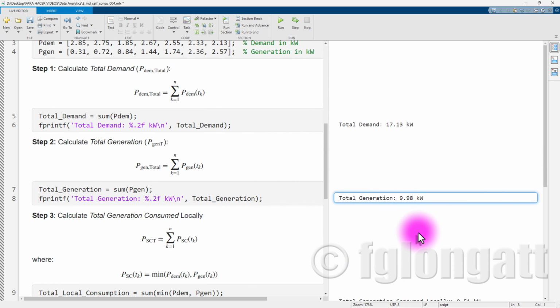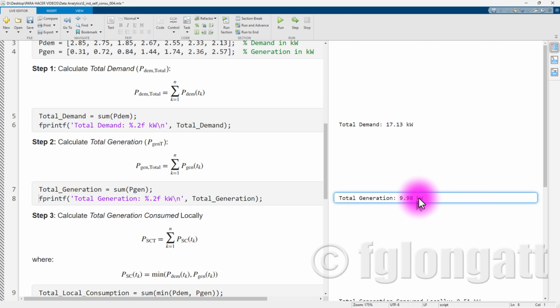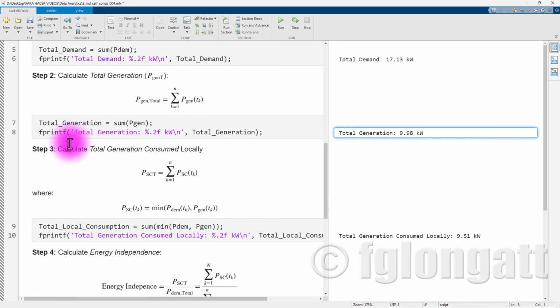Adding that, we obtain that the total generation is 9.98 kilowatts. So as you can see over these measurements, the total demand is larger than the total generation.